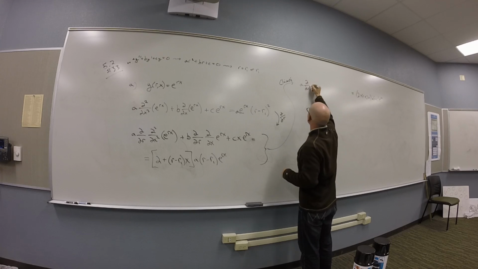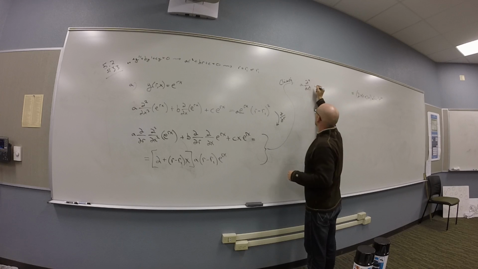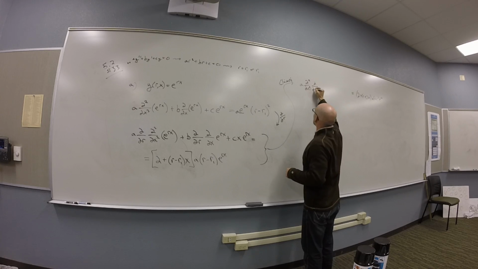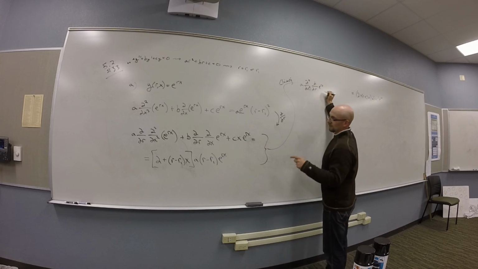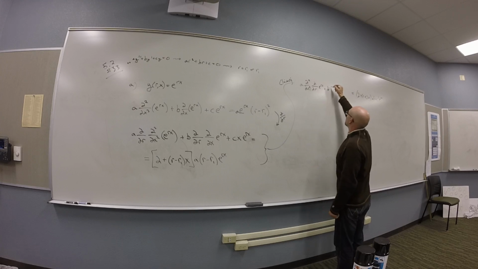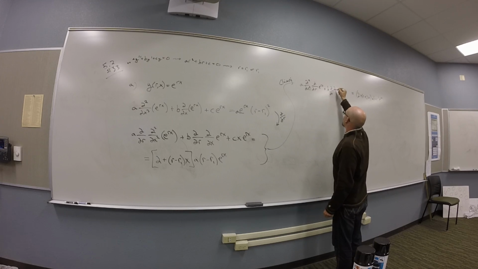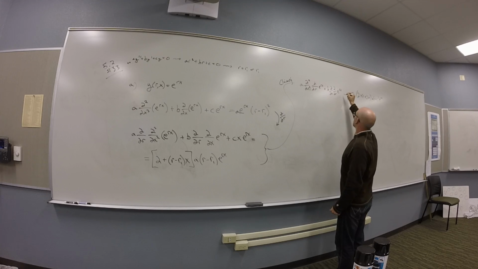So do two x partials, and then an r partial of e to the rx, and add to that the partial with respect to x, and then the partial with respect to y of e to the rx, plus cx e to the rx.